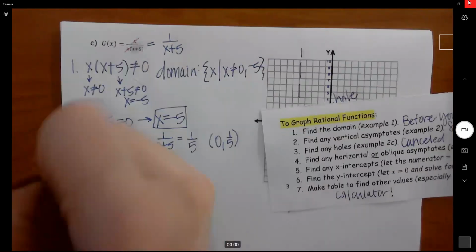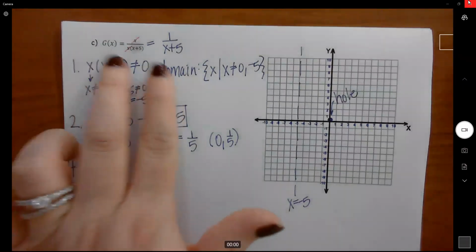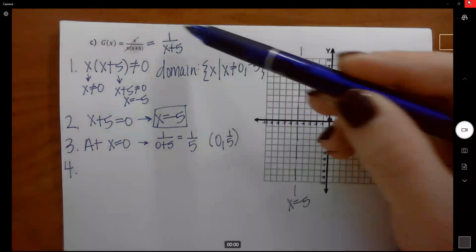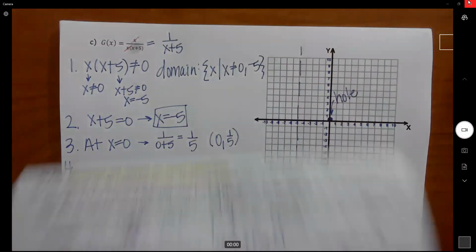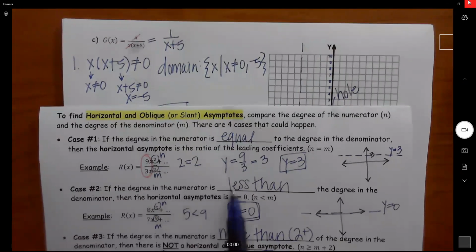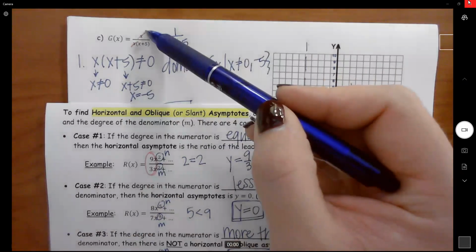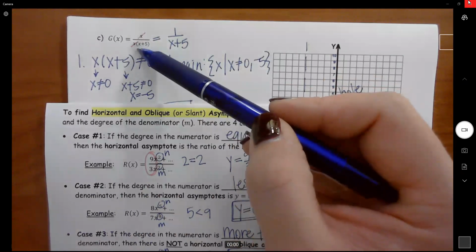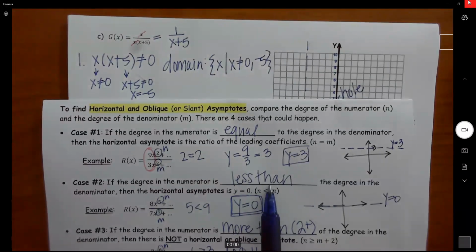Fourth thing we need to do is find horizontal or oblique asymptotes. It doesn't matter which version you look at here. Here, my n is 0, my m is 1. So the degree of my numerator is less than the degree of my denominator. You get the same thing here. You have an n of 1 and you have an m of 2, because x times x gives you x squared. So either way, you have something less than.